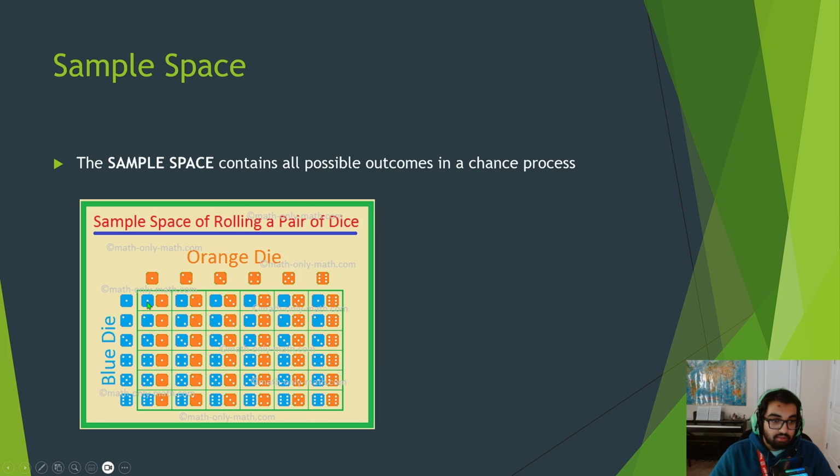The probability of rolling a 1 on the blue and then a 1 on the orange is 1 in 36. The probability of rolling a 5 on the blue and a 3 on the orange is 1 in 36. All of these outcomes have an equal chance of occurring, and together they make up all of the possible outcomes. 36 out of 36, 100% of the outcomes.